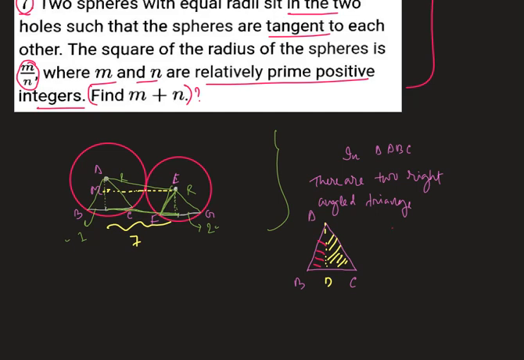So take one right angle triangle, suppose triangle ADC. Here DC is equal to 1, as we are told that the radius of the hole is 1, and here the value of AC is equal to r, which is the radius of the sphere.